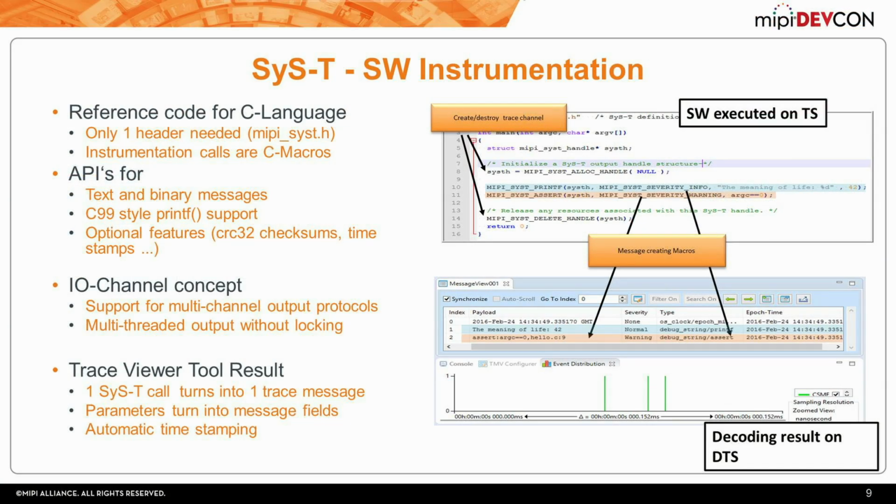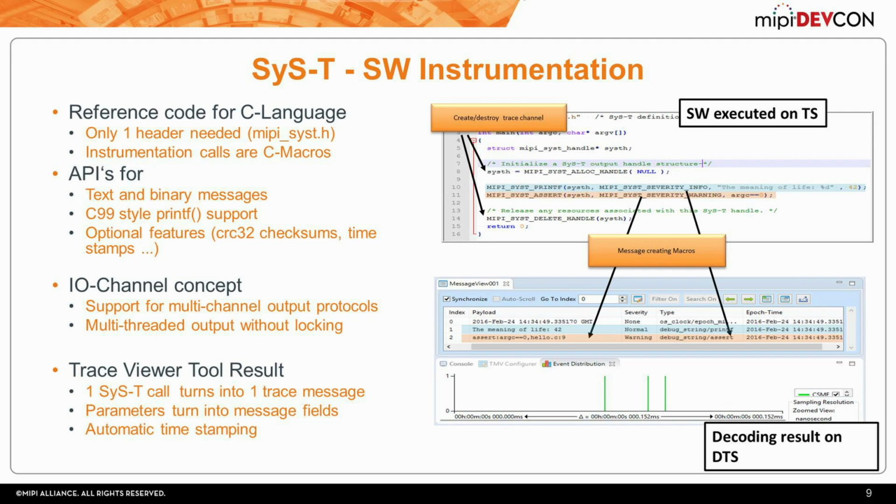Here's an example of how this instrumentation looks like using the C language. So you will include a MIPI-specific header file that defines the instrumentation calls that exist for the software. And then it's software instrumented trace.